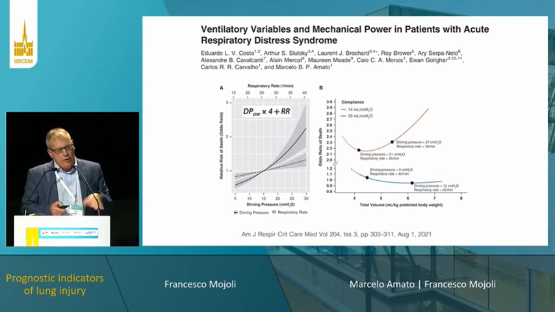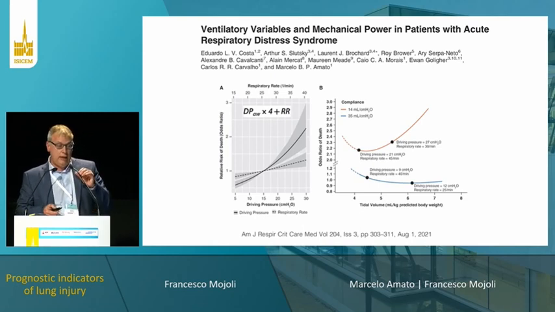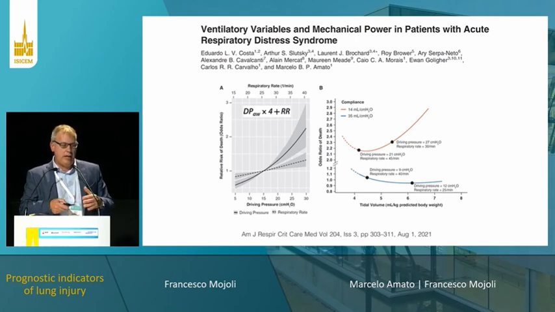And if you look at the picture on the left, you see that the relationship is almost linear for the respiratory rate, so the increase in respiratory rate is linearly correlated with the increased risk of mortality, whereas with driving pressure, it seems to be a faster increase, let's say, similar to an exponential increase. And this could suggest a different approach in different patients according to their respiratory mechanics.